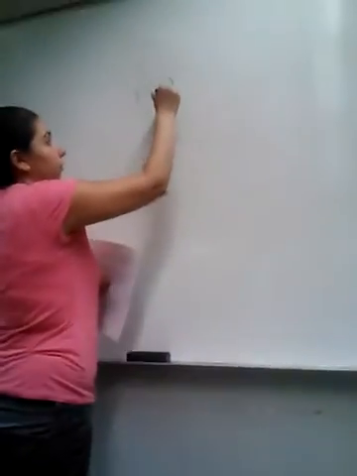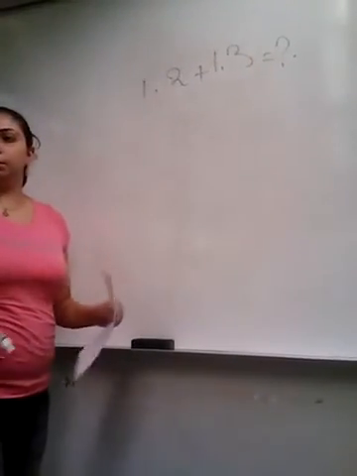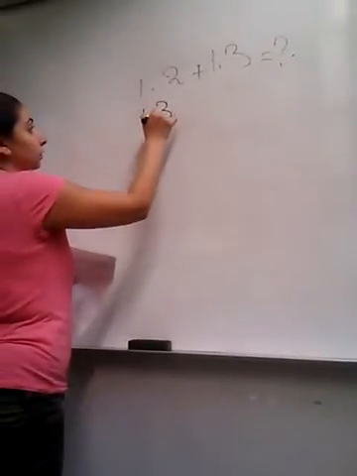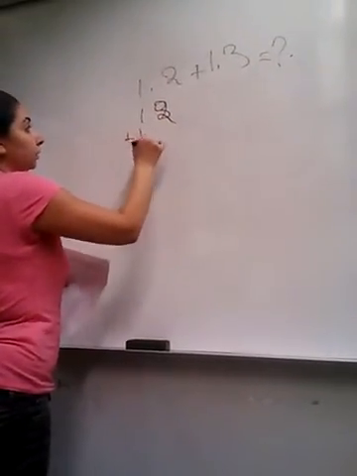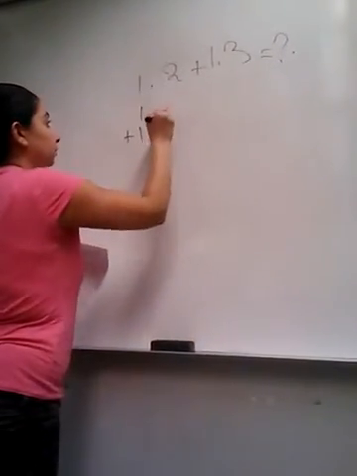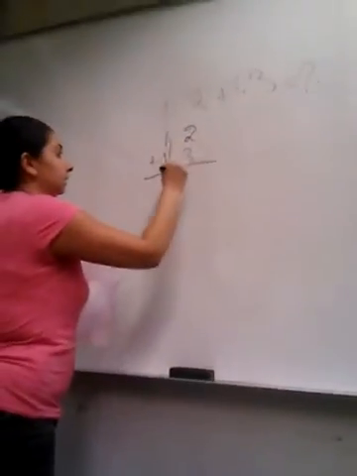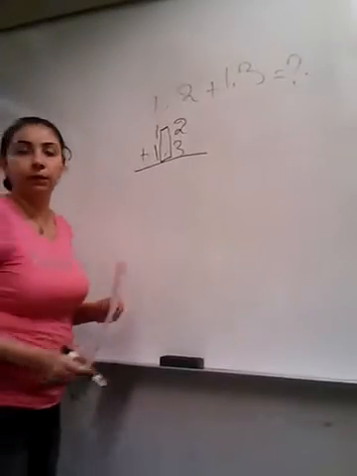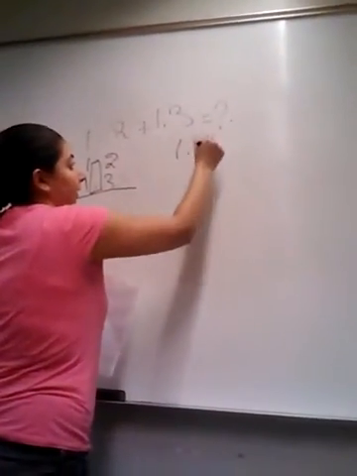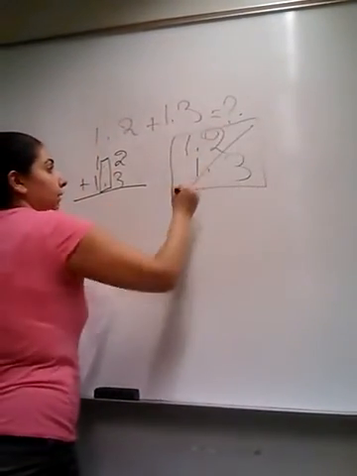Any question? Okay. So now we're going to learn how to add two decimal numbers. If we have 1.2 plus 1.3, we're going to put them under each other, 1.2 first, plus 1.3. We're going to make sure that the dots are under each other. We can't put them this way.